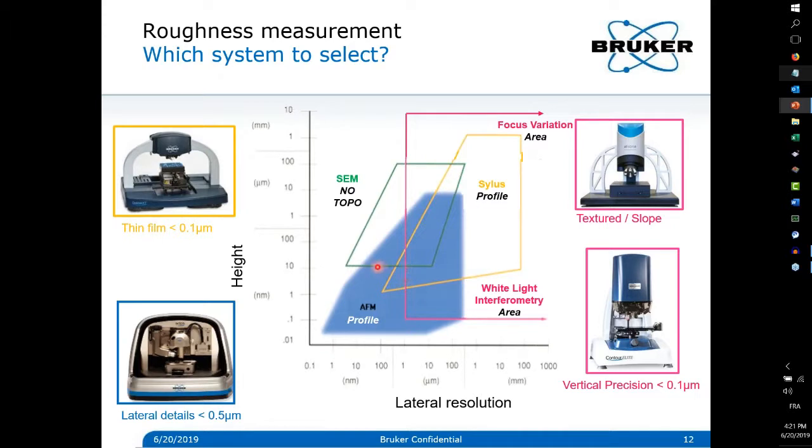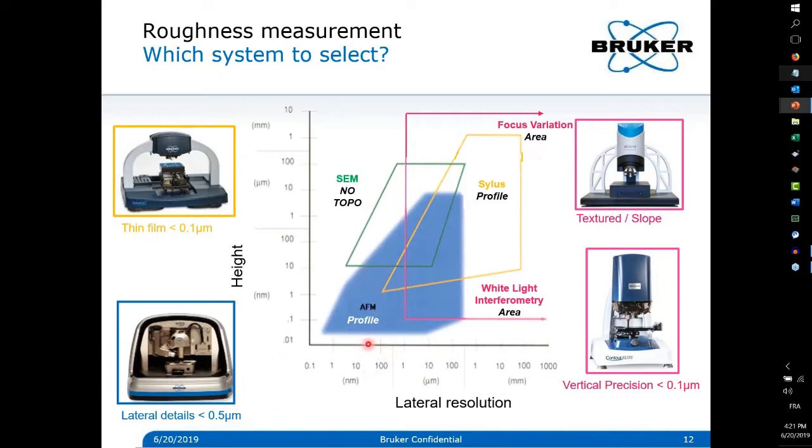And what we see is AFM, which is atomic force microscopy, allows us to profile surfaces whenever you need high lateral resolution. And we will have limitations in terms of measuring the Z range, which will be given by the Z range of the scanners.